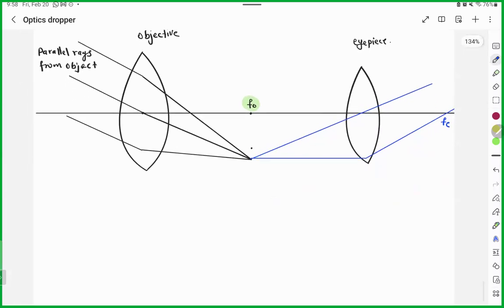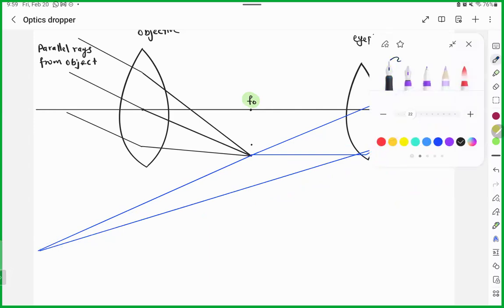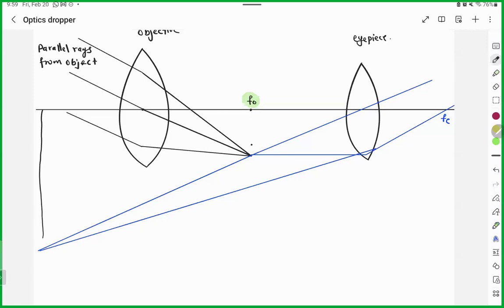If you take it back, see, even I can't make it properly. That's why I have to adjust this. And your final image is formed here. This is A double dash, B double dash. Okay.